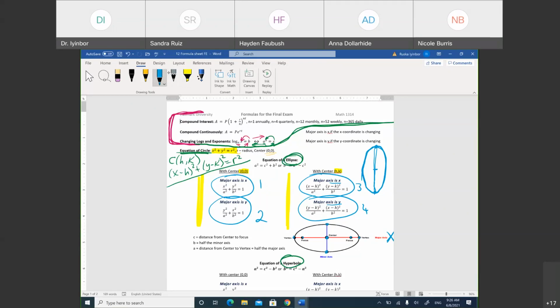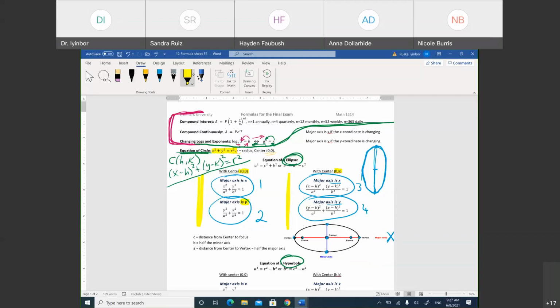Because the center 0, 0, major axis y is going to be exactly equation 2. Good job. Now let me ask you, if the center is h and k and major axis x, which equation you're going to have? Let's say center 5 and 6 and major axis x. 3. Good job. It's going to be equation 3. Yes. So that's how you decide which one of those equations you're going to have.